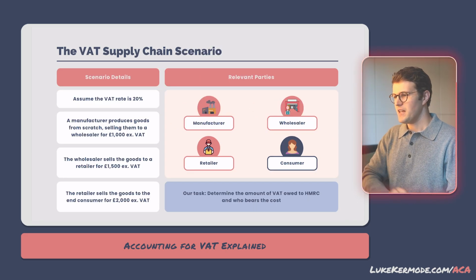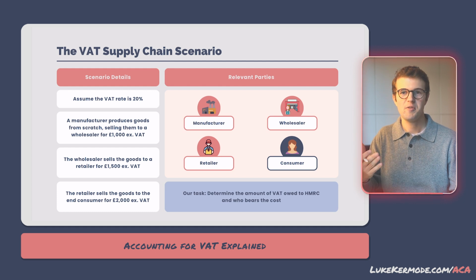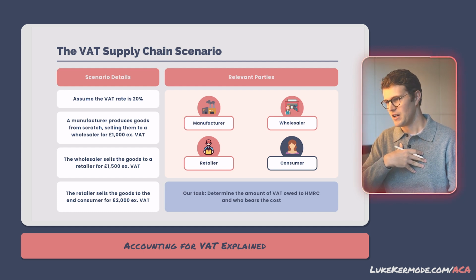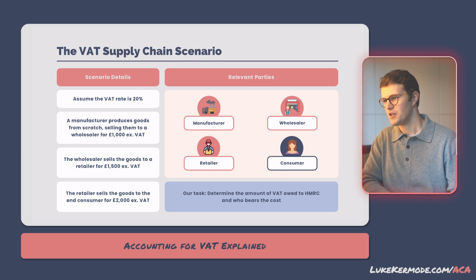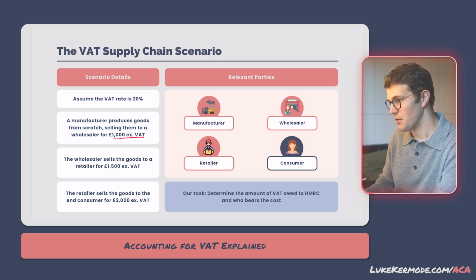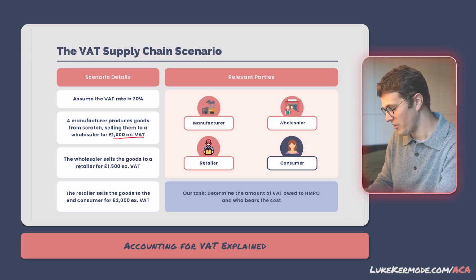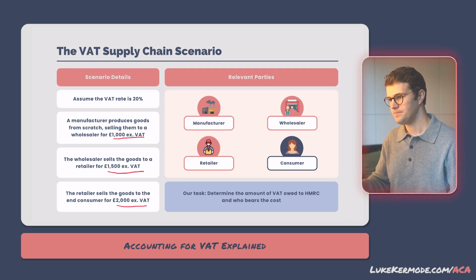Let's bring the concept of VAT to life with a worked example. So let's assume a 20% VAT rate with a manufacturer that sells goods to a wholesaler for £1,000 excluding VAT. The wholesaler then sells those goods to a retailer for £1,500, and finally the retailer sells those goods to the end consumer for £2,000.